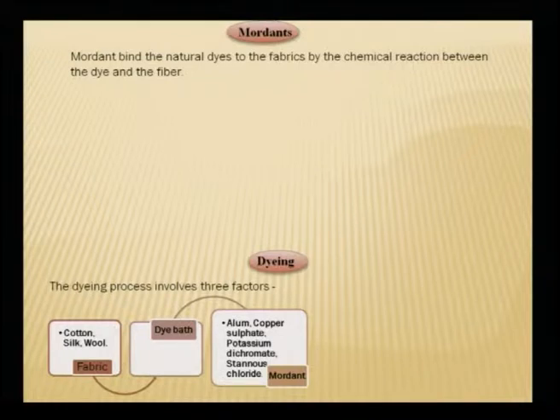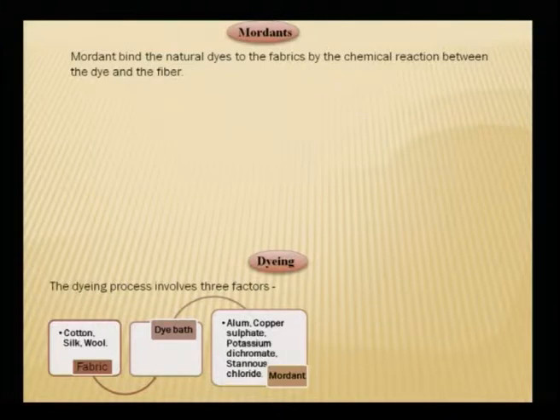So, be it any type of fiber, cotton, silk or wool, it is put in the dye bath along with mordants such as alum, copper sulphate, potassium dichromate and stannous chloride. These are the 4 mordants that we tried out.